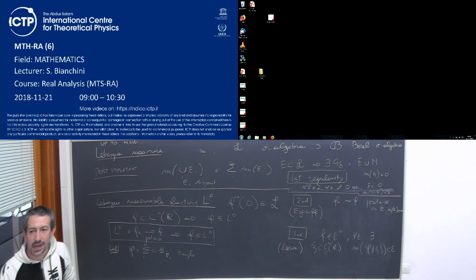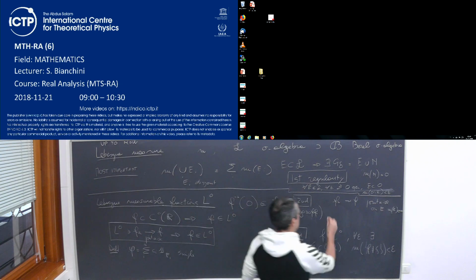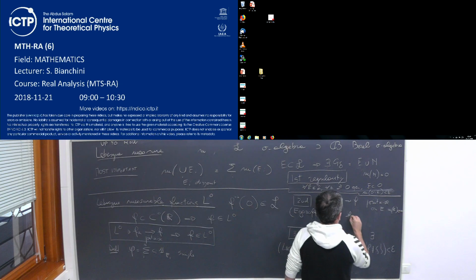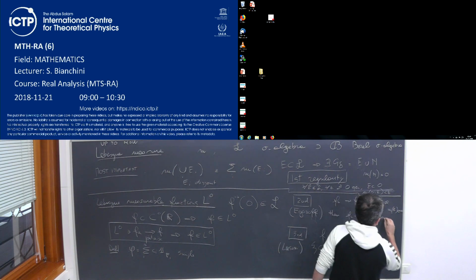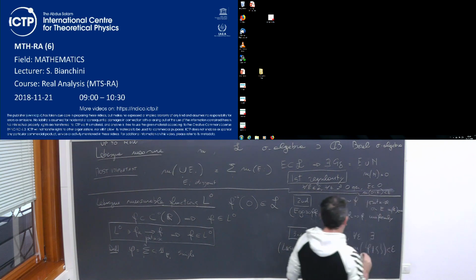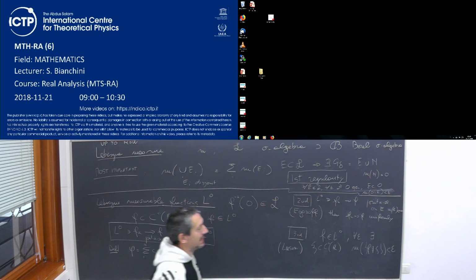Now I need to speak about what the convergence is for continuous functions. For continuous functions, what is the notion of convergence which works? Uniform. So the statement would be then: Fn converges to F uniformly, and this is in L0 naturally, otherwise I cannot work.